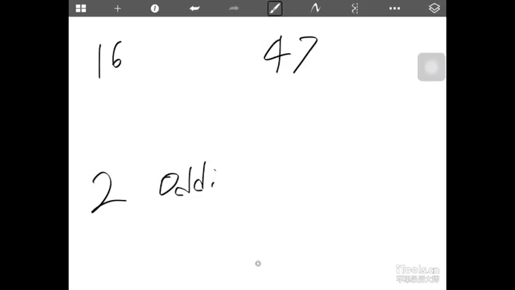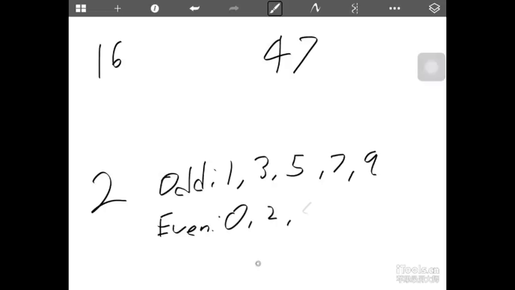To find out if a number is odd, look at its last digit: odd numbers end in 1, 3, 5, 7, and 9, and even numbers end with 0, 2, 4, 6, and 8.